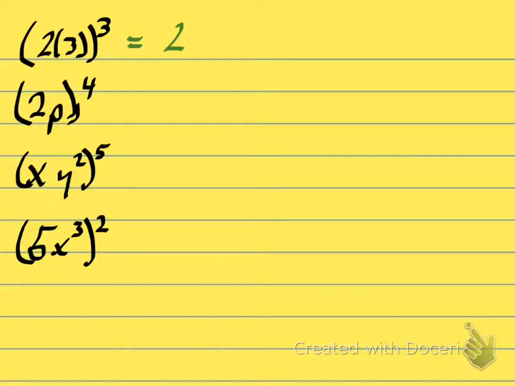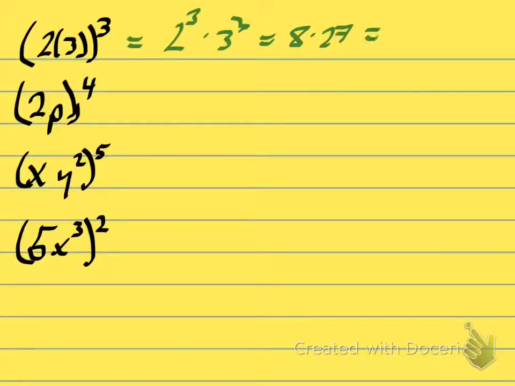So let's take 2 times 3. Both of them are in the parentheses, so let's take 2 to the third power, and let's take 3 to the third power. All right, and so 2 to the third power is equal to 8, and 3 to the third power is equal to 27. Those are the same 2 numbers we just saw.